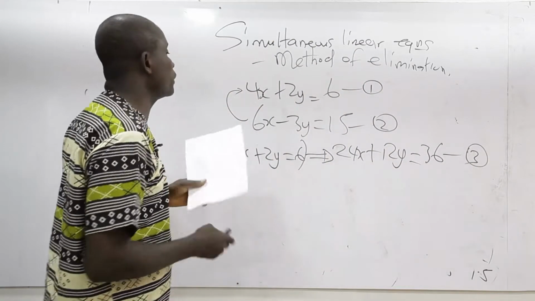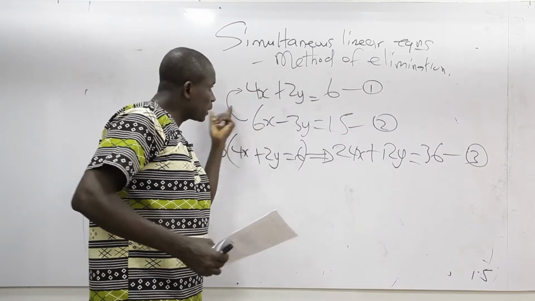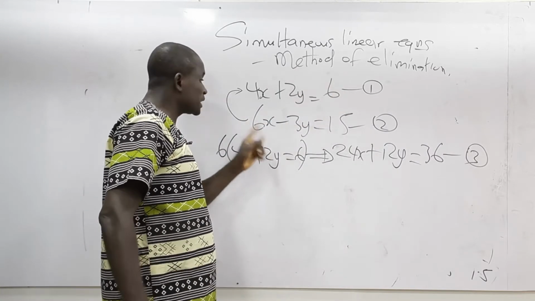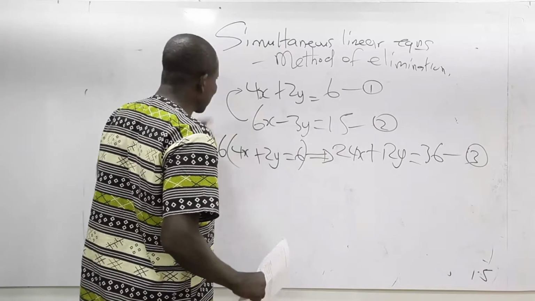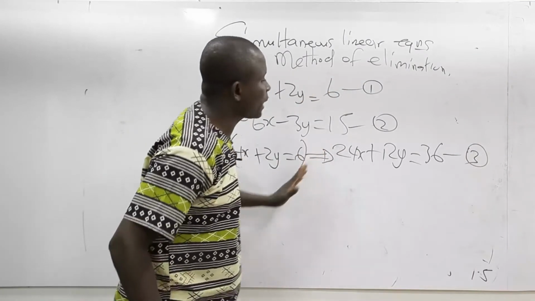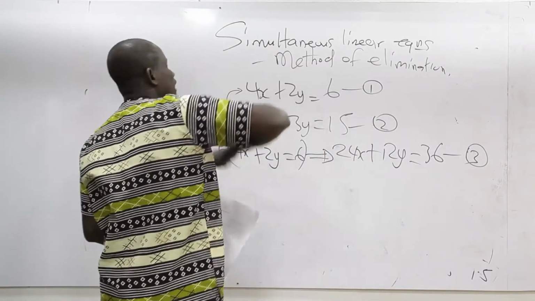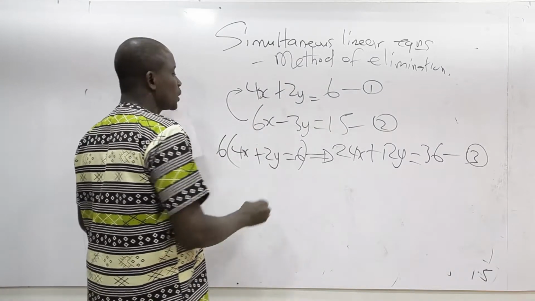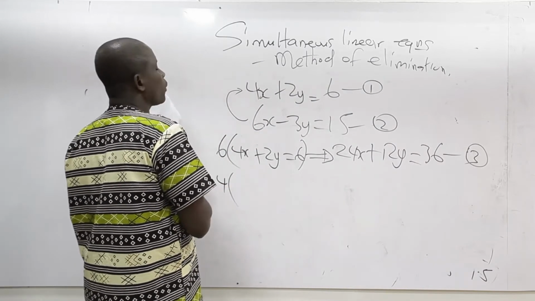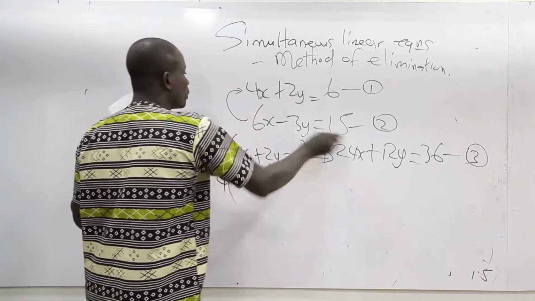I guess you are following the point. I use this 6 here to multiply here, the coefficient of x in equation 2 to multiply through the whole of equation 1. So this is the 6 here, this is equation 1, and we have multiplied and expanded. So there will be a counter. The coefficient of x here is also going to multiply here. So that is also going to be 4. The 4 here is also going to multiply.